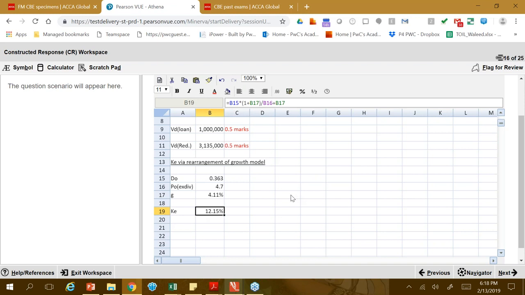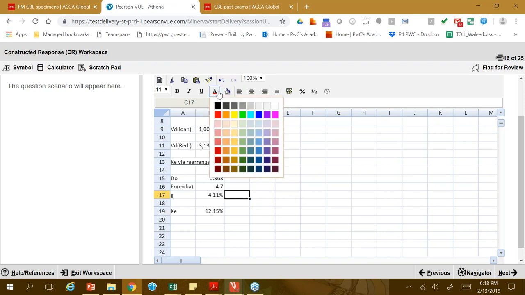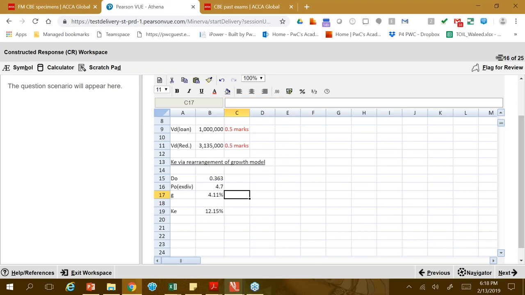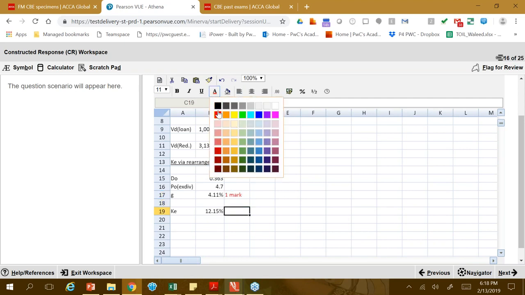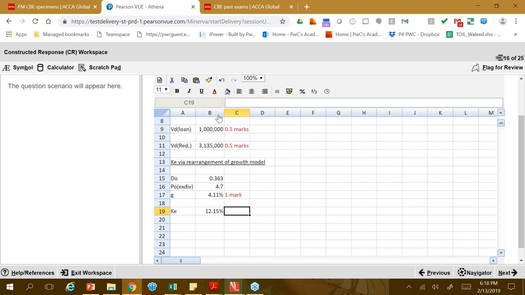At this point, I have secured 3 marks: 1 mark for working out the growth, and 2 marks for working out the KE.